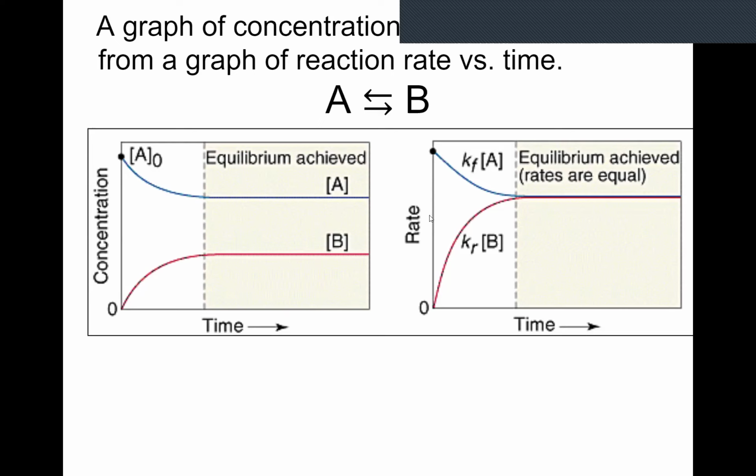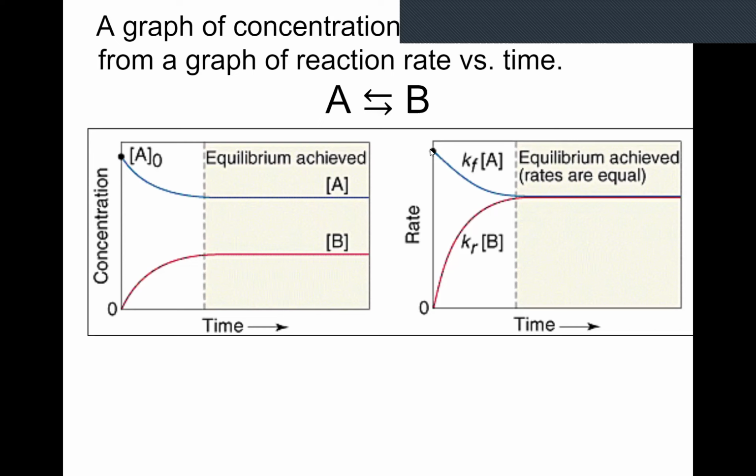The other graph, reaction rate versus time, shows both the forward and the reverse rate. Kr stands for the reverse rate of reaction. If at first you don't have any product molecules, at the very left edge of the graph, the reverse rate is 0, but it's going to get faster as time goes on until it levels off.